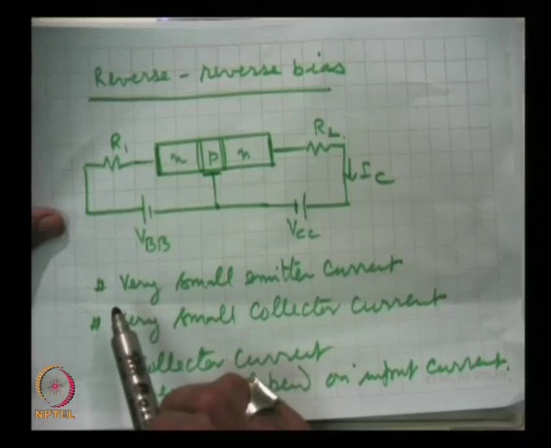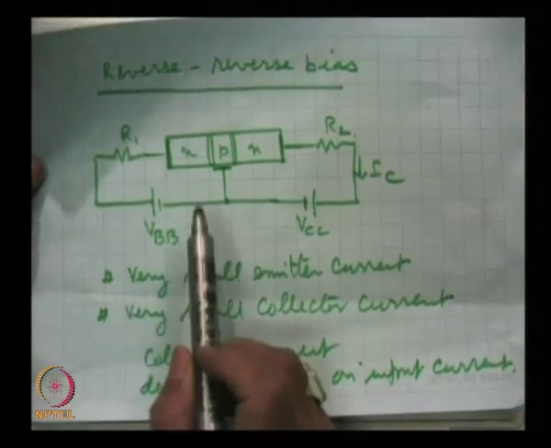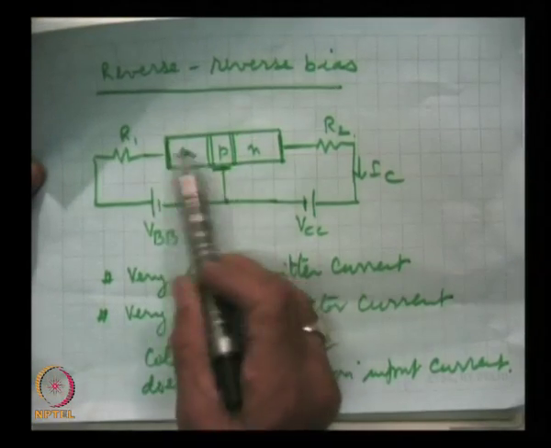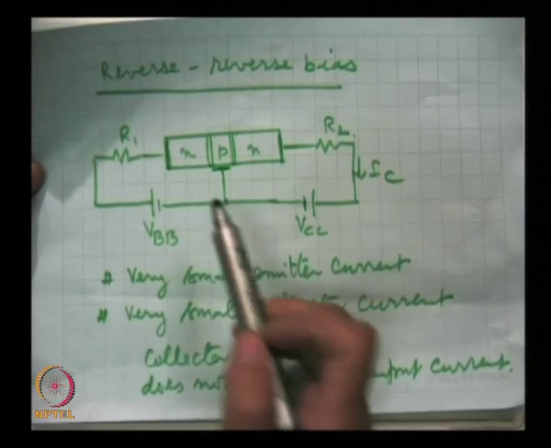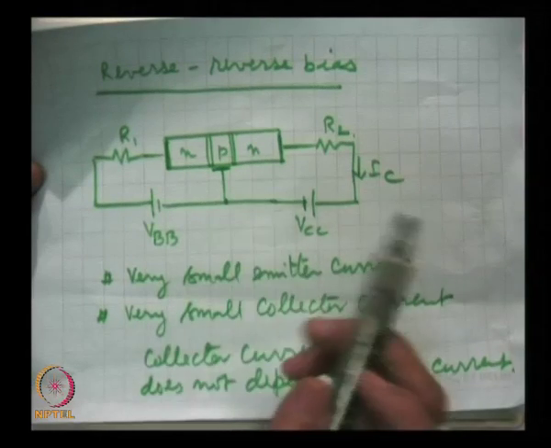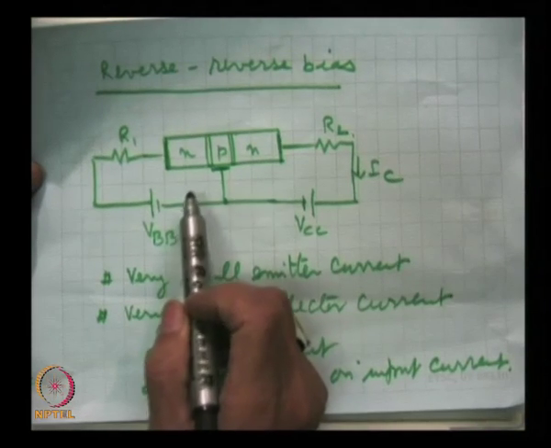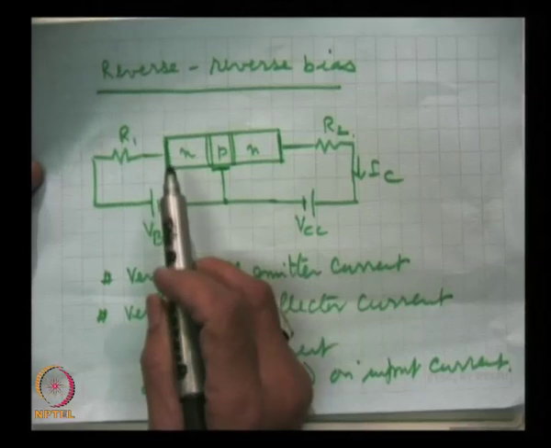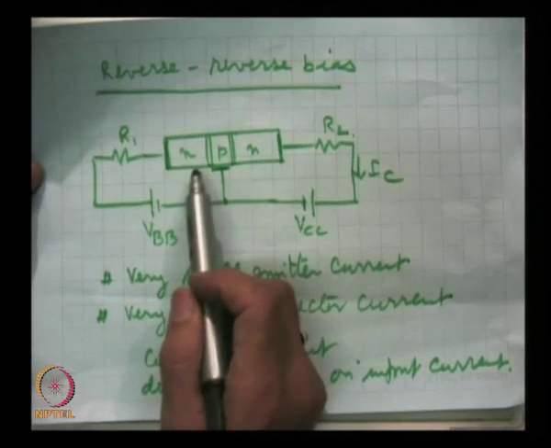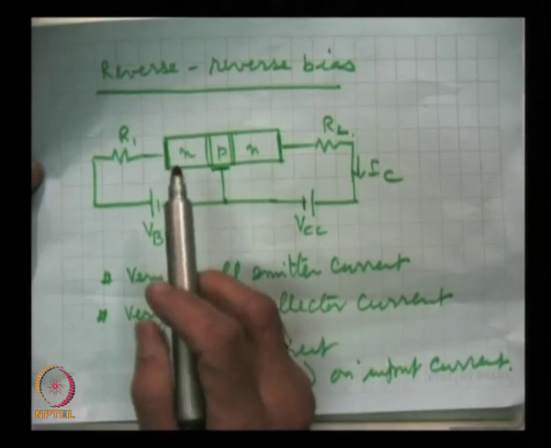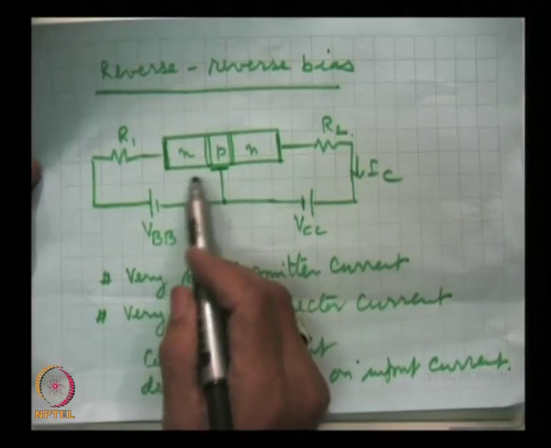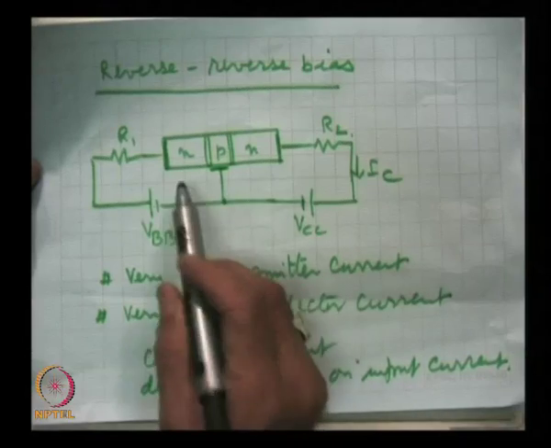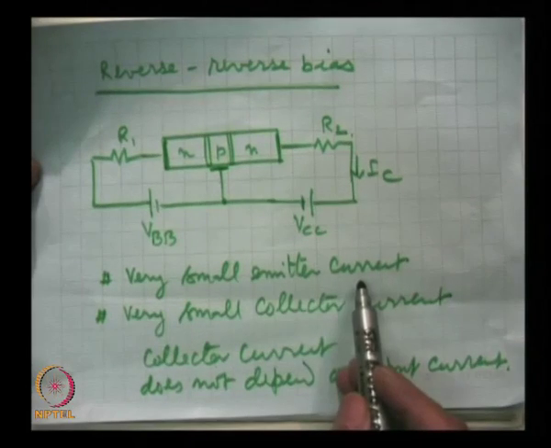This was the circuit, and as we have discussed earlier, because this emitter junction is reverse biased, there will be a very small emitter current which will mainly comprise the minority carriers near and in the junction, which will drift because of the applied field. So there will be a very small emitter current.